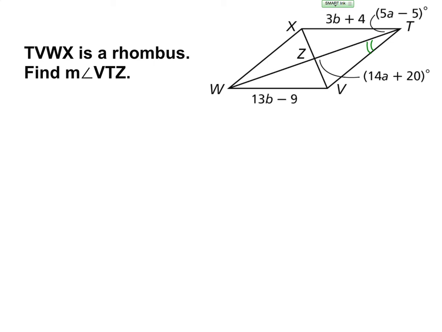Diagonals on a rhombus are perpendicular. So that's a 90-degree angle. So how do we find a? We can put 14a plus 20 equal to 90 and solve.